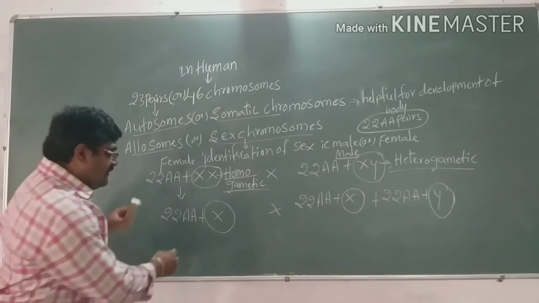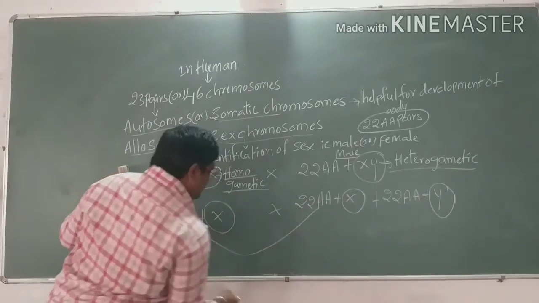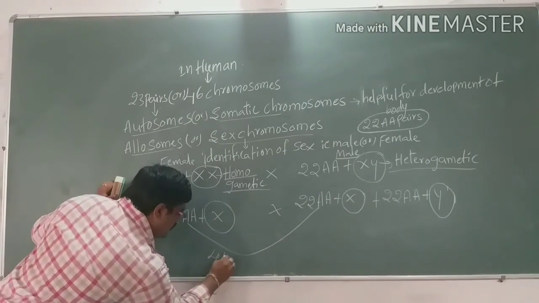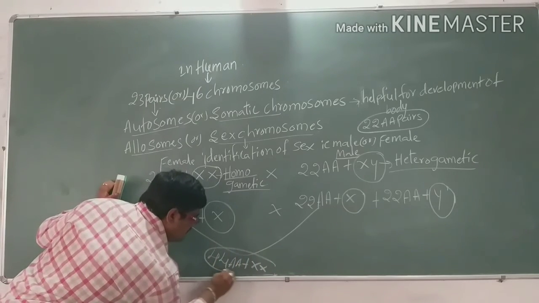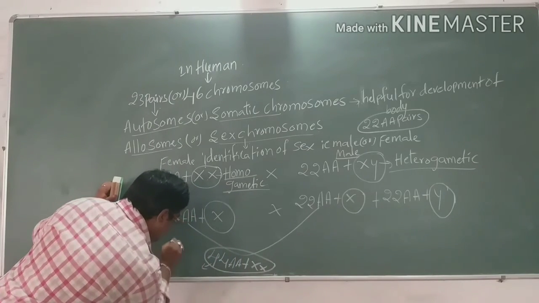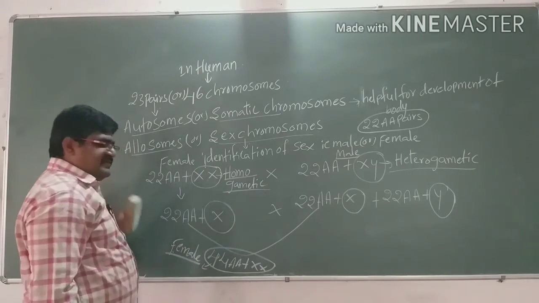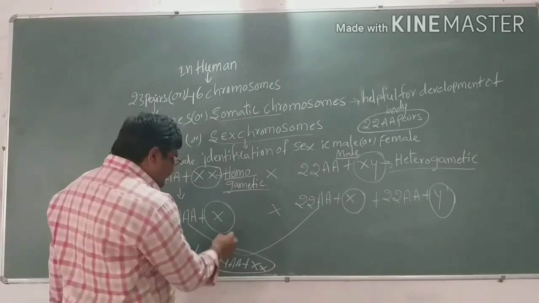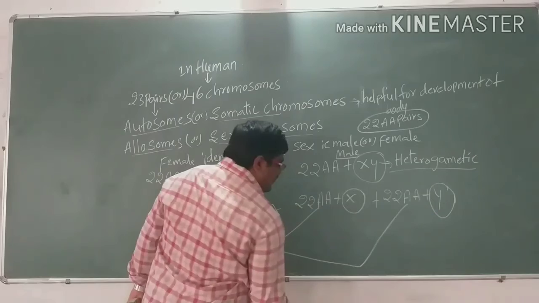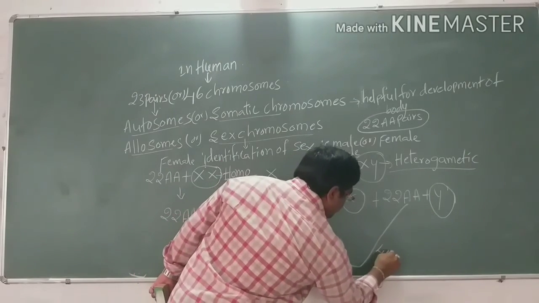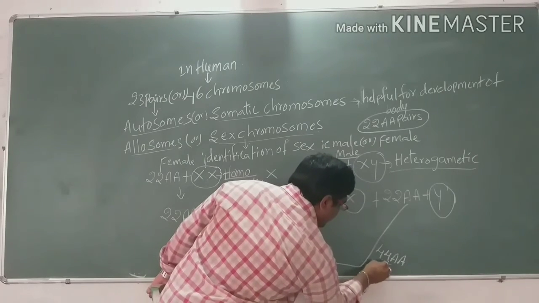If you see here, when you cross 22, we get 44 chromosomes plus XX chromosomes, which represents the female. Likewise, the same is crossed with the male, and we get 44 AA plus XY.